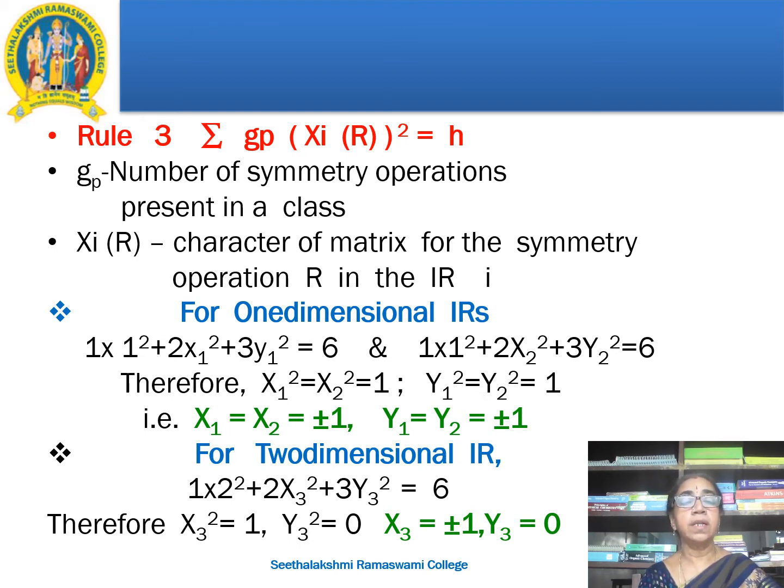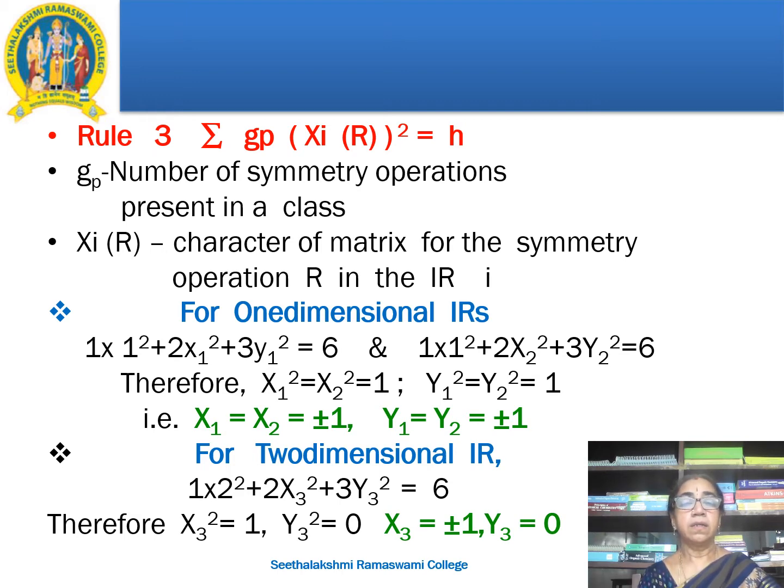Since two C3 axes are present in the class, the g_R value is 2 and x1 is the character of the C3 axis of symmetry. In the third part, 3y1 square. The value of g_R is 3 since 3 sigma V symmetry elements are present in the class. y1 is the character of the sigma V symmetry element.